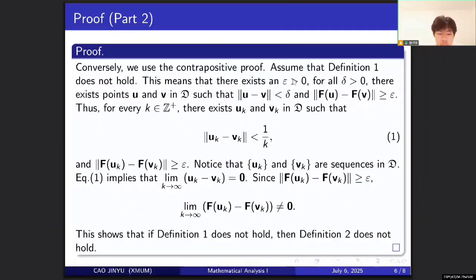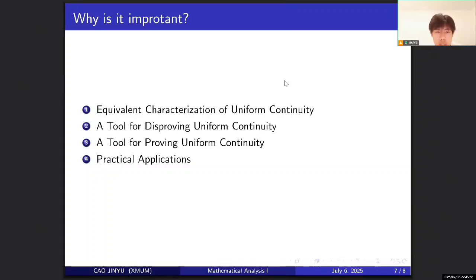To some degree, this theorem is very important because it establishes a sequential criterion for uniform continuity that is equivalent to the epsilon delta statement. Moreover, it provides us a tool for proving or disproving uniform continuity.